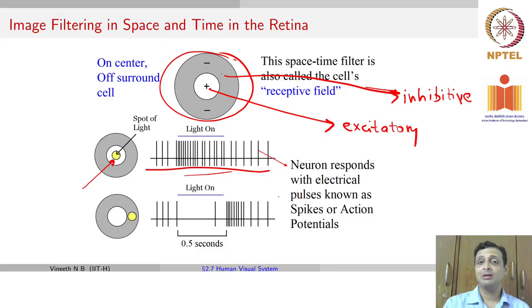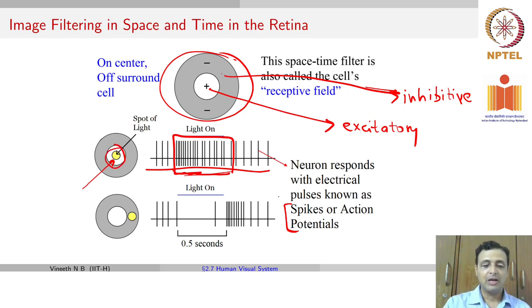Remember that at the end of the day, the human brain or these cells release chemicals or spikes of electricity, as you can see, which are known as action potentials. So each of these is a spike, and then when the light is turned on, there seems to be an excitatory reaction because the light is at the excitatory part. Those photons fall on the excitatory part of the cell.